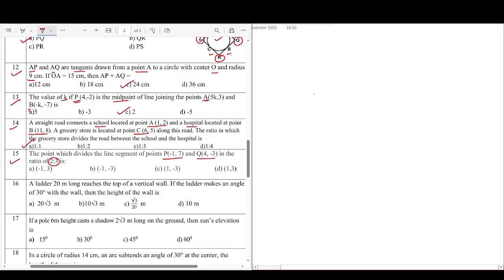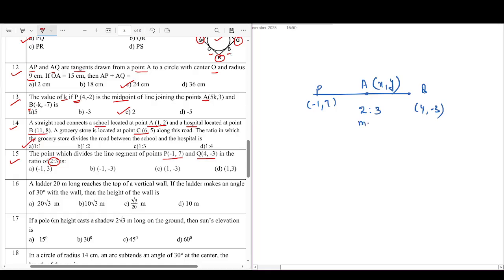So we have here point P, coordinates are given as (-1, 7), and then in the same we have another coordinate Q, (4, -3). There is a point which divides the line segment in the ratio 2 is to 3, and we have to find out the coordinates of that point. That means we have to find out the value of x and y, right?